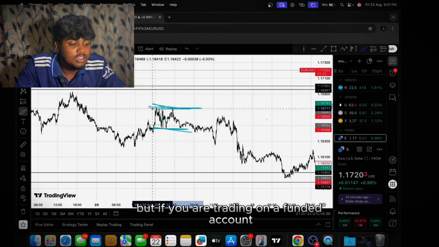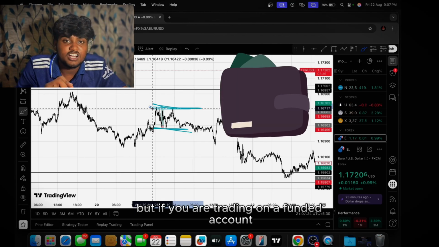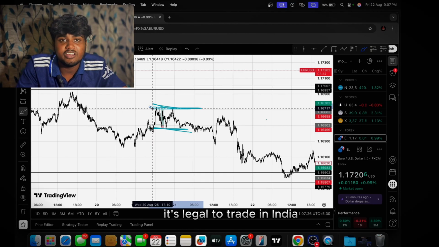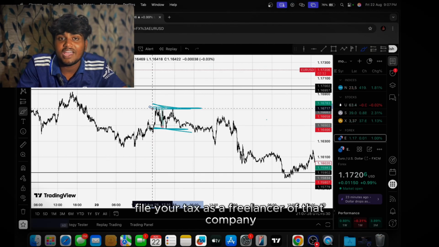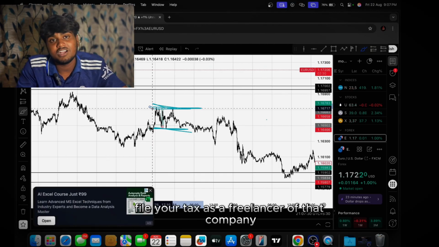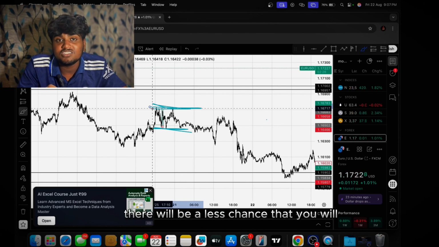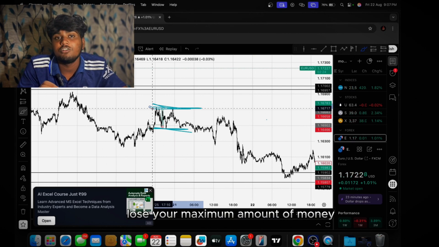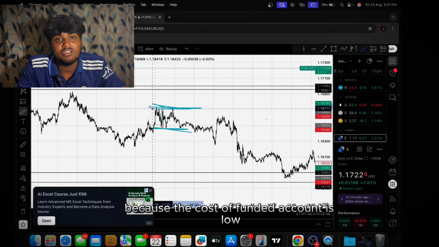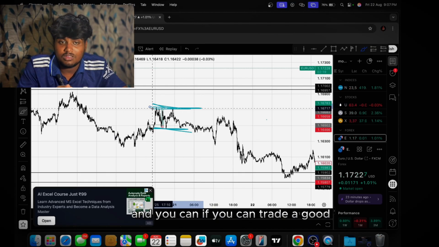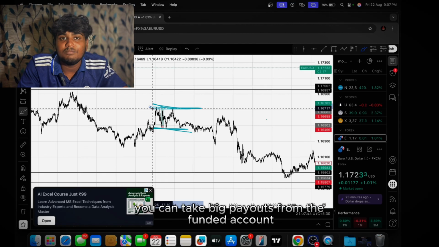But if you are trading on a funded account, it's legal to trade in India, because you can file your tax as a freelancer of that funded account company. And with funded accounts there is less chance that you will lose a large amount of money, because the cost of a funded account is low, and if you can trade well, you can take big payouts from the funded account.